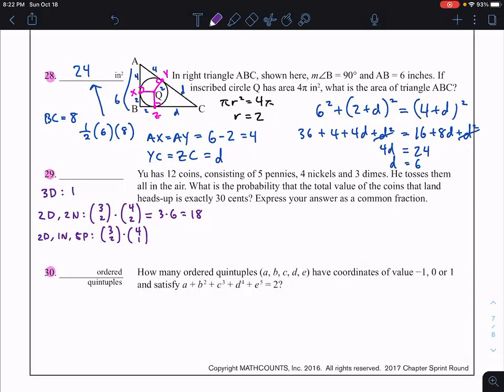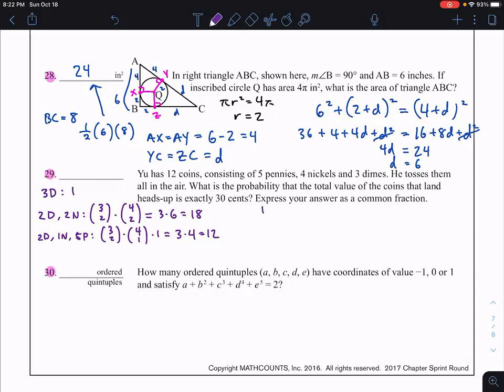For the pennies, you don't really have to do anything since all 5 pennies are heads, so there's only one way of doing that. You can multiply this all out to get 3 times 4, or 12.